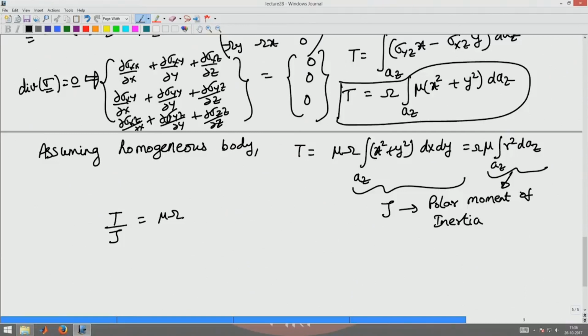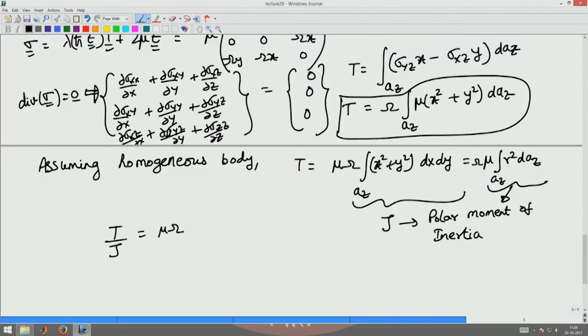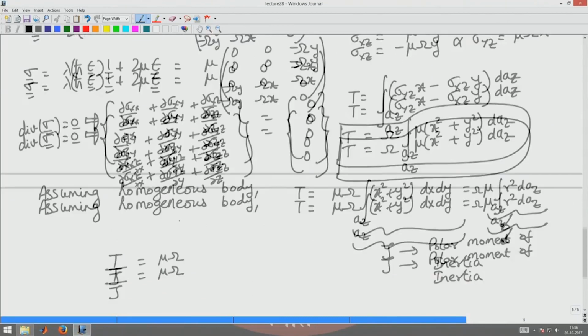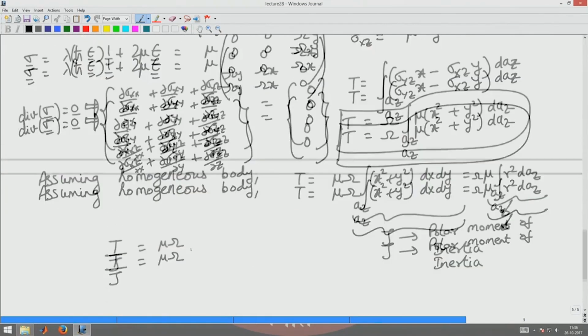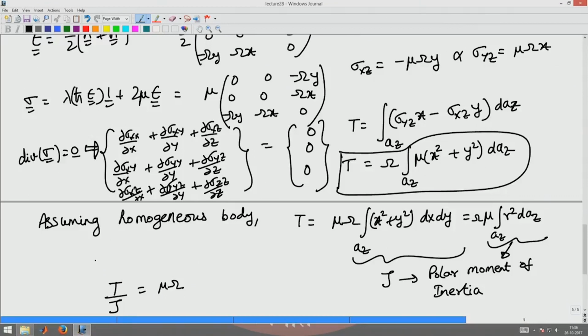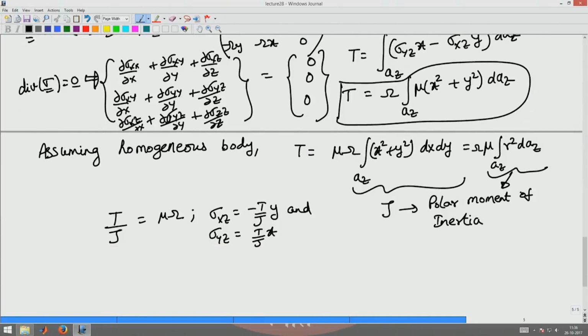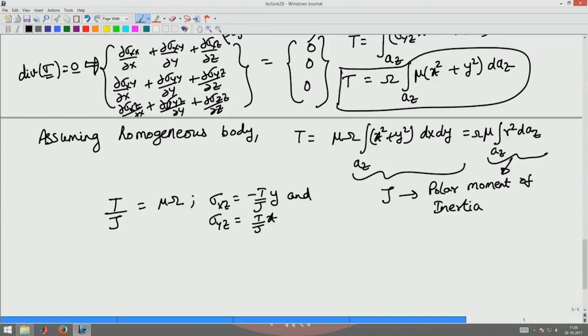Now I have to find what is the effective shear stress in the cross section, right? From the expression for the shear stresses here, I know that sigma xz is minus T by J into y, and sigma yz is T by J into x. Now I am not interested in the components of the shear stress, but I am interested in the magnitude of the shear stress.